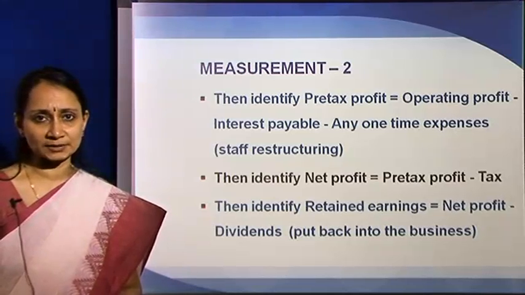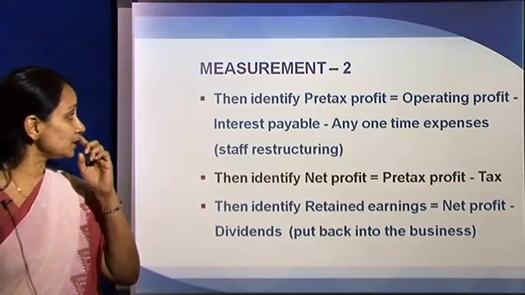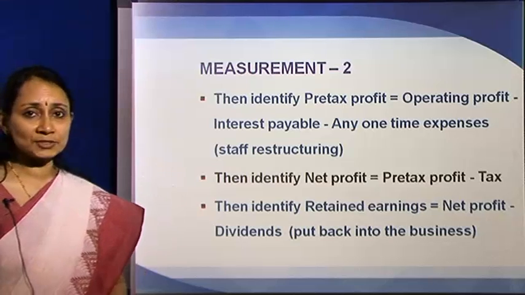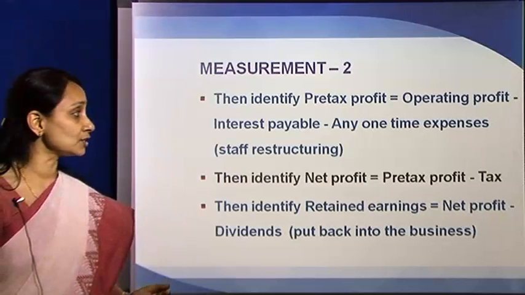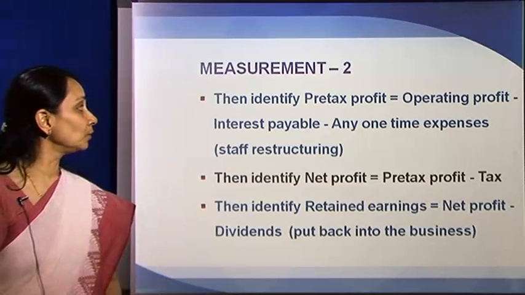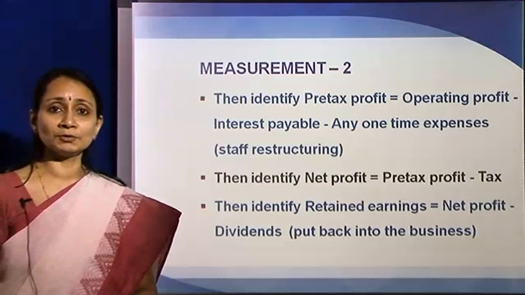It's an exceptional item. So from the operating profit, when we reduce interest payable and such one-time expenses or make the adjustment for a one-time income, what we are left with is the pre-tax profit, that is the profit before tax.